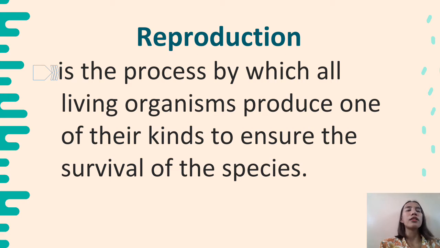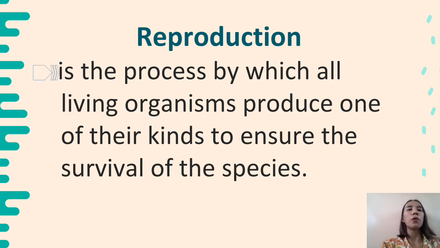So, in this lesson, we focus on animal reproduction. Okay? Reproduction, we consider this as a unifying theme or characteristic of life. It's very important for the survival of living organisms.